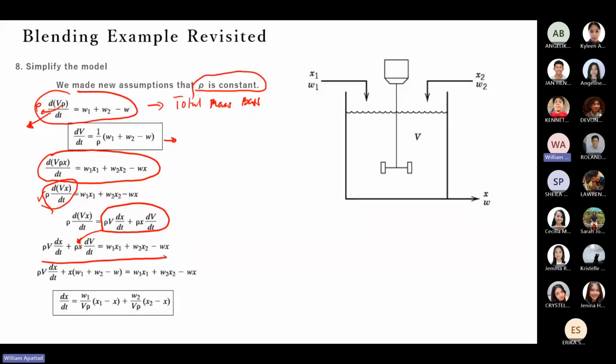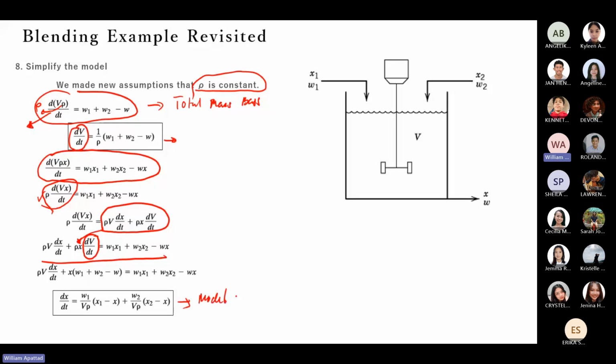So we already have the equivalent of dV over dt. We substitute that here. And we can have the final equation, which will be our model equation.